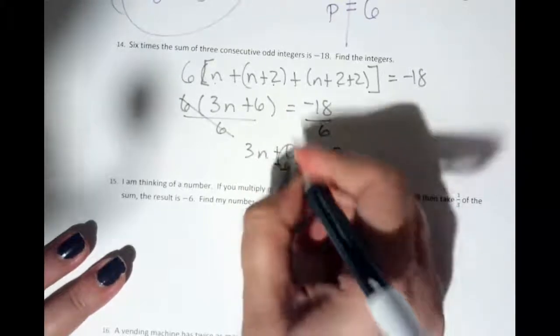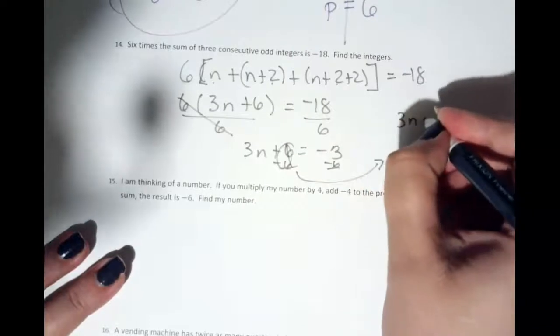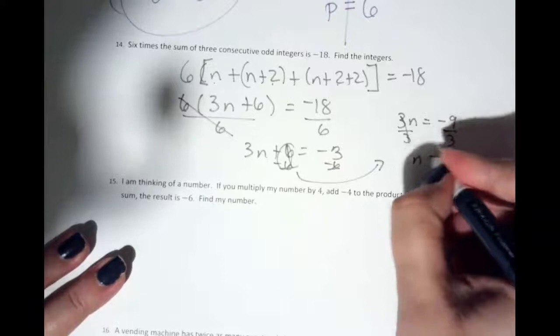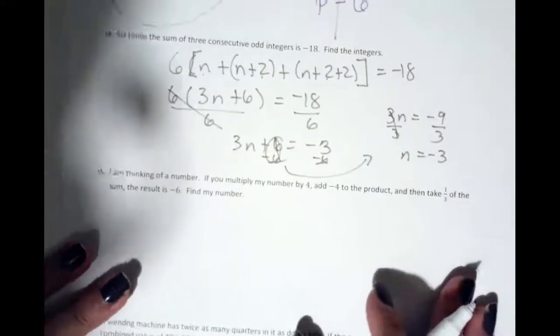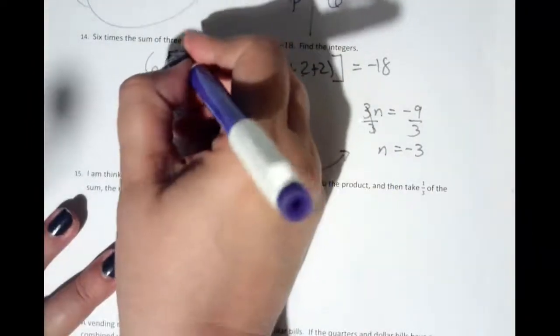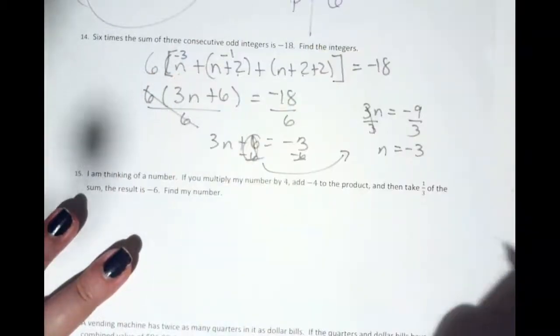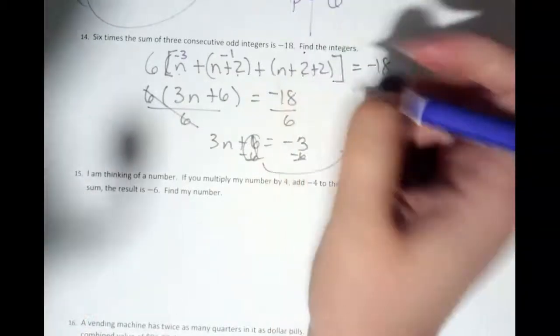Subtract 6 from each side. 3n equals -9. Divide each side by 3. N is -3. So the next consecutive odd integer, okay, we have -3. Then we would have -1. Then we would have 1.